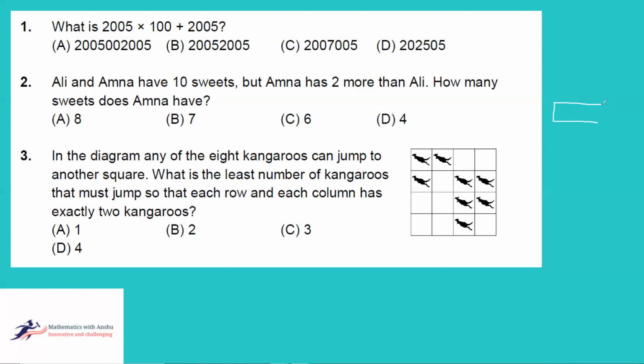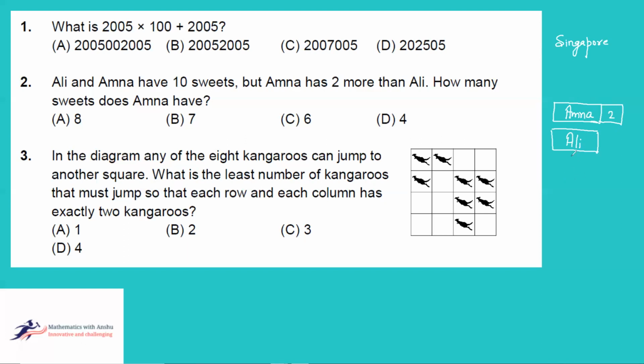The bar model is a very powerful method from Singapore. So in the bar method, put it equal. This is Amna, this is how much more, and this is Ali. Both are equal except Amna is having 2 more. Total is how much? 10.